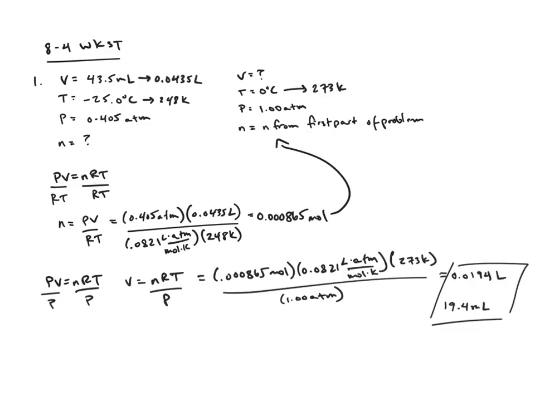What we could also do, instead of having to plug this back into the ideal gas law, which works, we learned a shortcut earlier. We said that at STP, 1 mole of gas takes up 22.4 liters of space. So I could have also done 0.000865 moles times 22.4 liters for every 1 mole of gas.